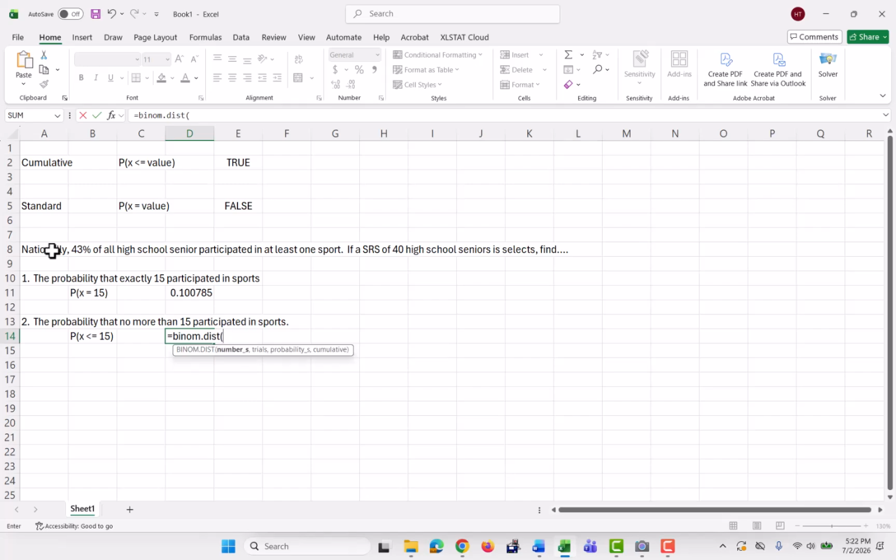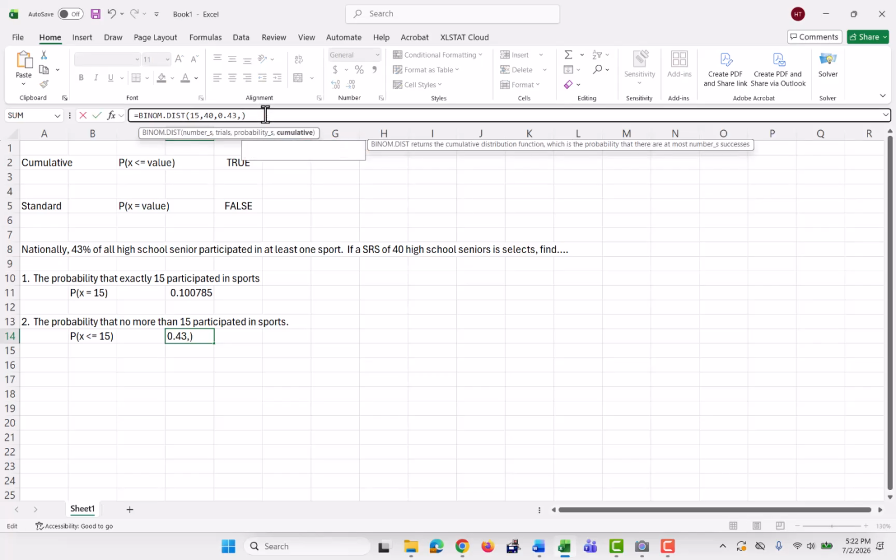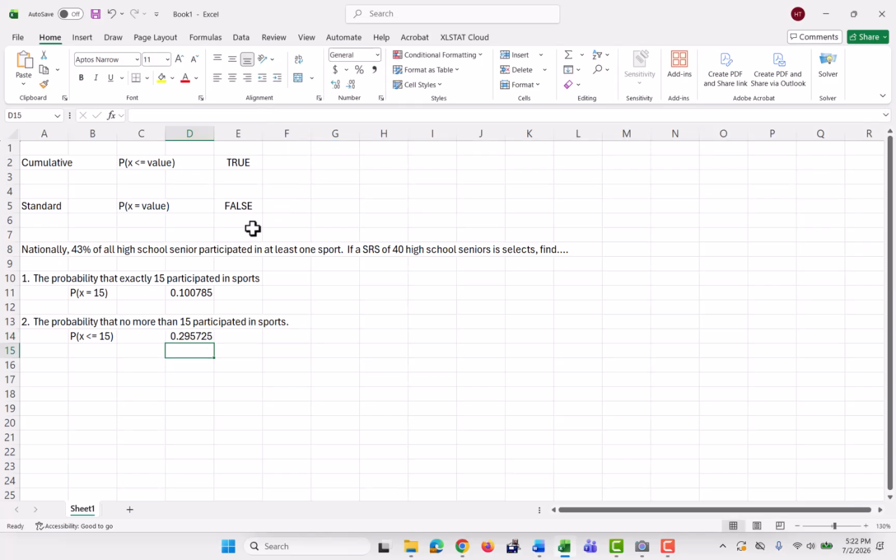Still going to be 15 successes and 40 trials. Probability of success is still 0.43, but this time it is cumulative, so we'll list it as true. Let me get that in there correctly. And notice a significant difference there.